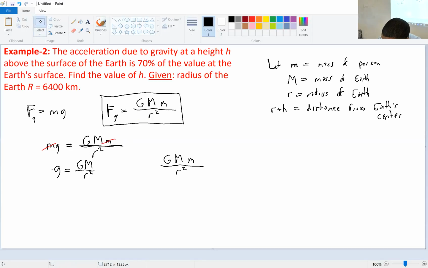So instead of r squared, modify it, r plus h squared.